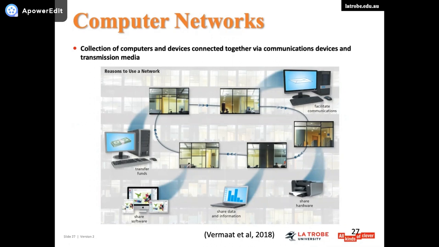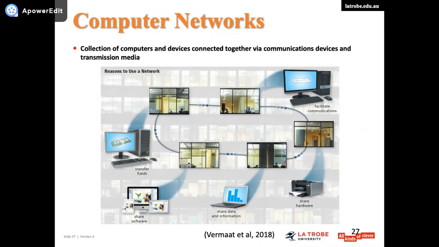So think about what happened before computer networks appeared. Before that, we had to use some very inconvenient methods to exchange data between different computers, such as using floppy disks.